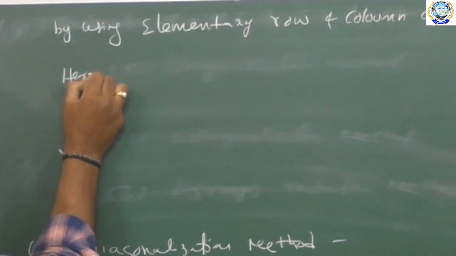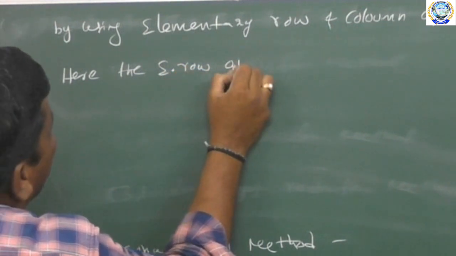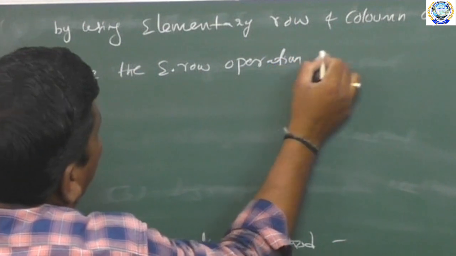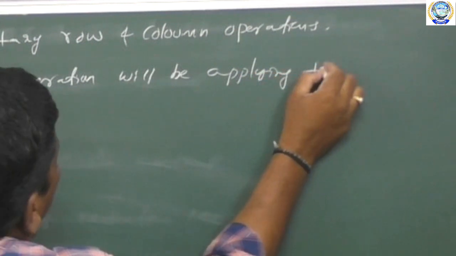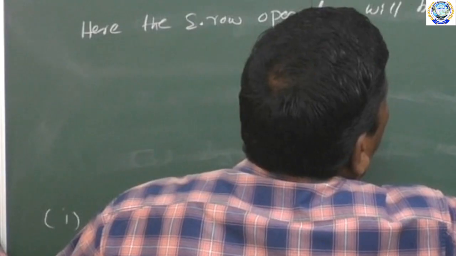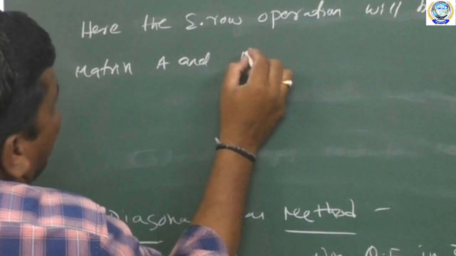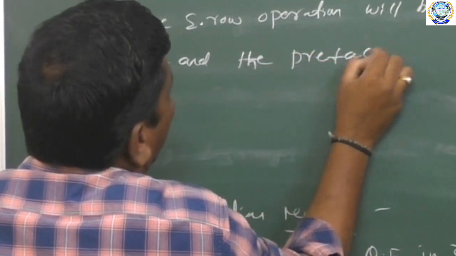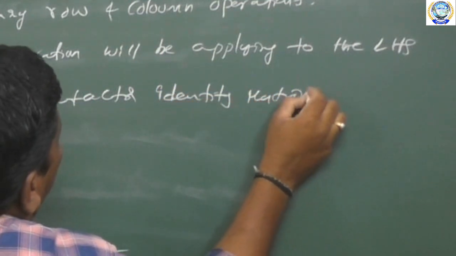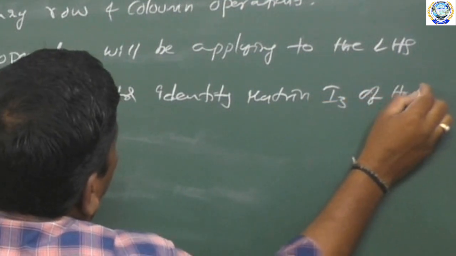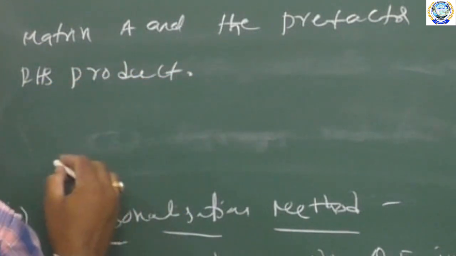Here, the elementary row operations will be applied to the LHS matrix, capital A, and the prefactor identity matrix I3 of the RHS product.